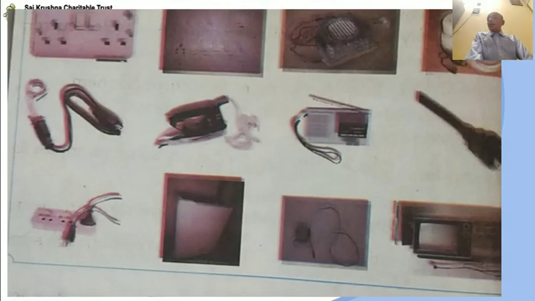Now here are a few electrical equipments shown to all of you in this figure. Are you all able to see? Most of them, you see there is one wire here, right? This is a metal wire covered by plastic.